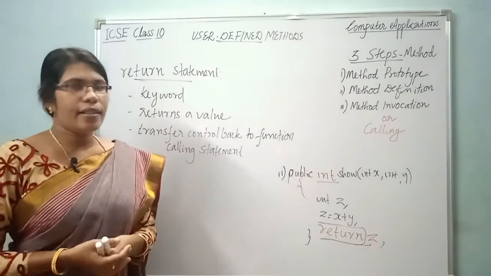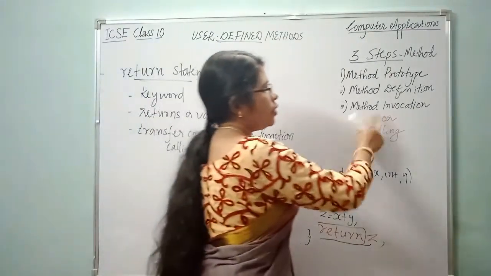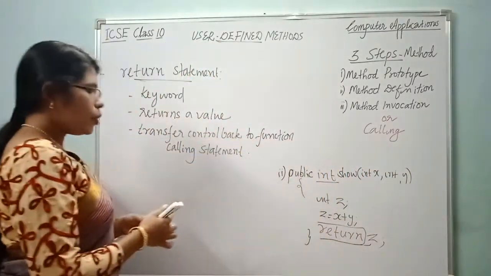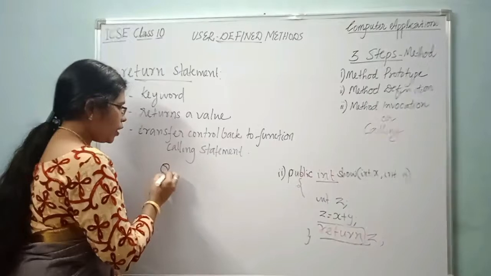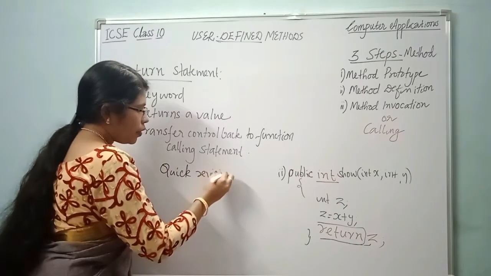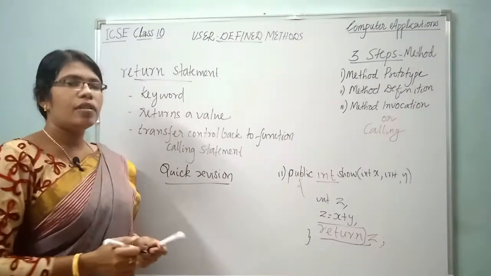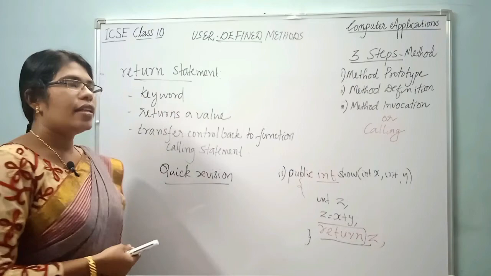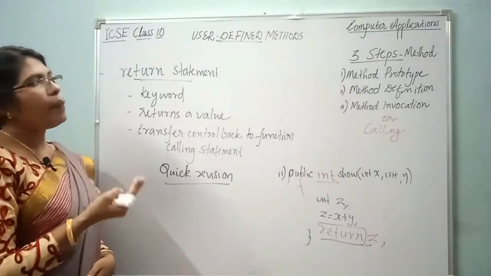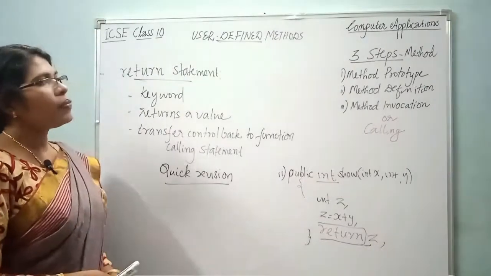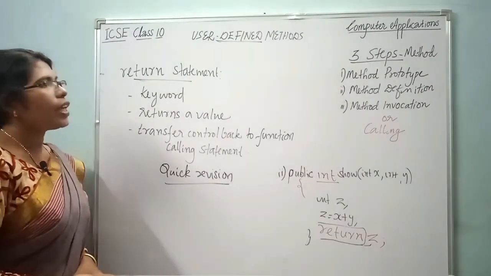The next one, method invocation, is the third step that we will do in the next video class. So as a quick revision, which points have we covered in this video? About methods. What is a method? What are the reasons to use methods? While writing a method, we have to follow 3 steps: method prototype, method definition and method invocation.